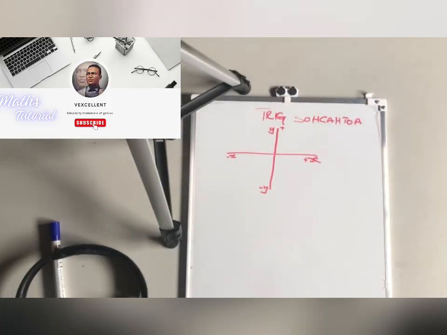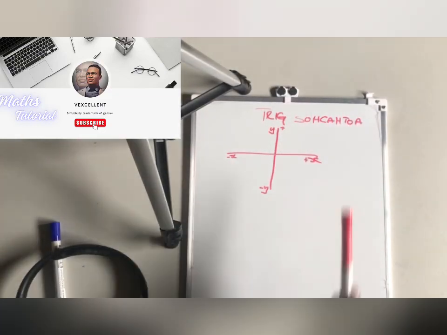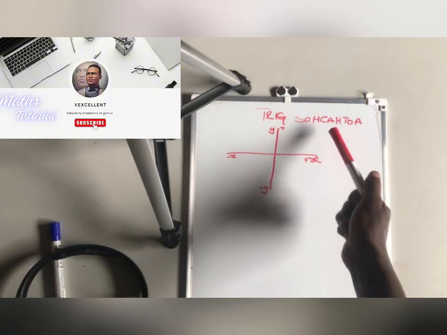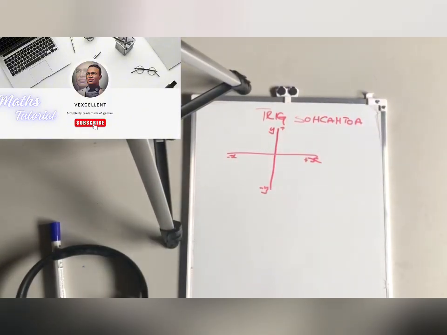It's SOHCAHTOA, which says that sine is equal to opposite over hypotenuse, cos is equal to adjacent over hypotenuse, and tan is equal to opposite over adjacent.